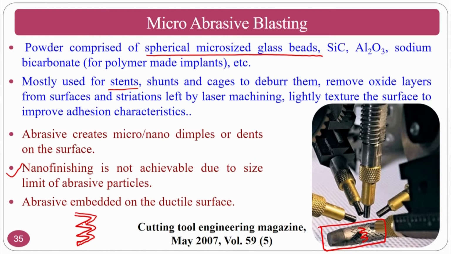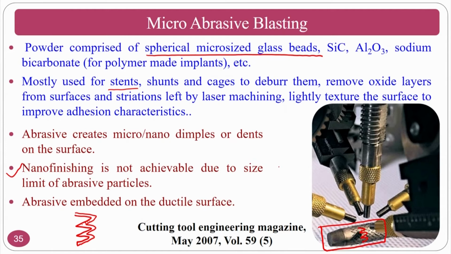These burrs are removed because, assume this is an endoscope, what will happen if there is a burr and the endoscope goes into the throat? This burr will cut the soft tissues of the human being. For that purpose, you need to do the deburring operation. One of the processes for deburring is microblasting.